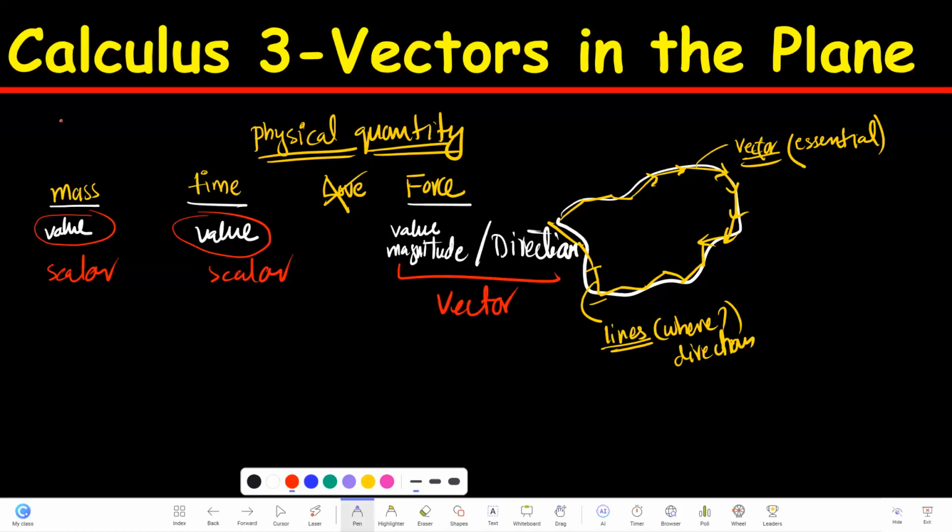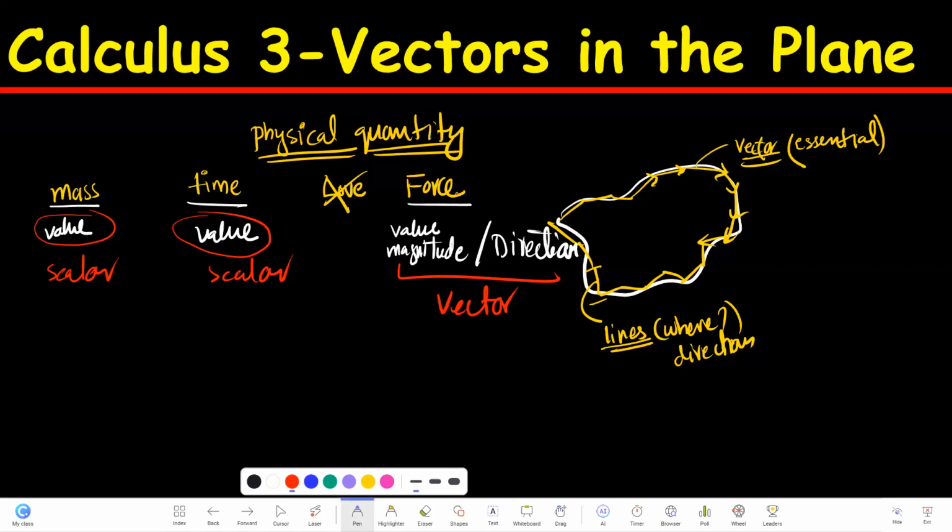So let me throw a question to you. What do you guys think? You have to answer in the chat. Do you think every scalar is a vector? And the second question is, does every vector have a scalar part?